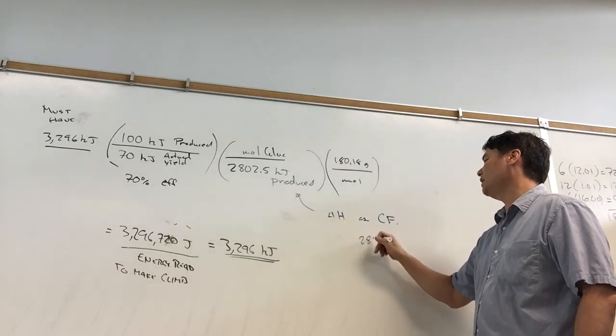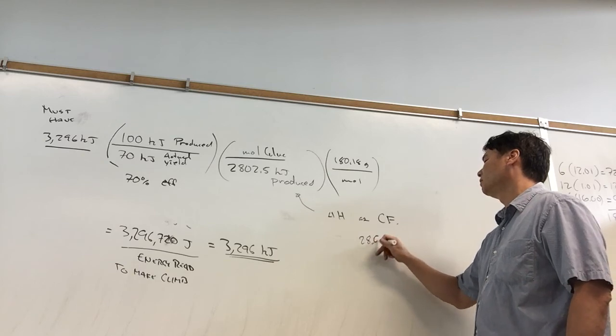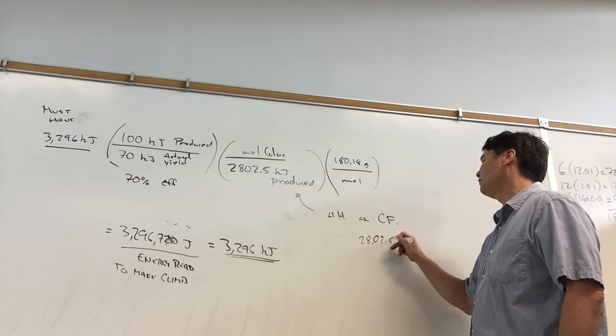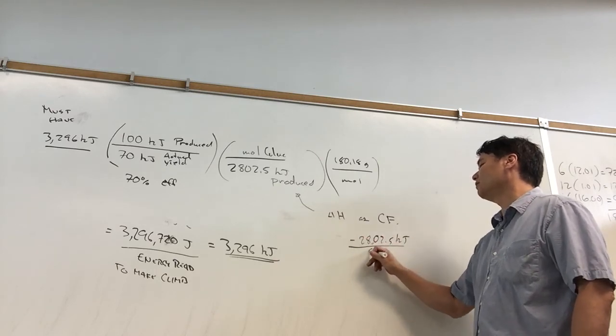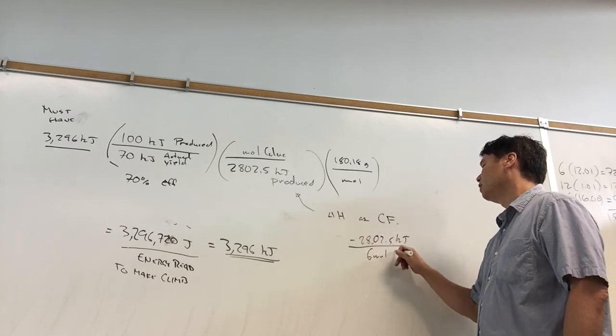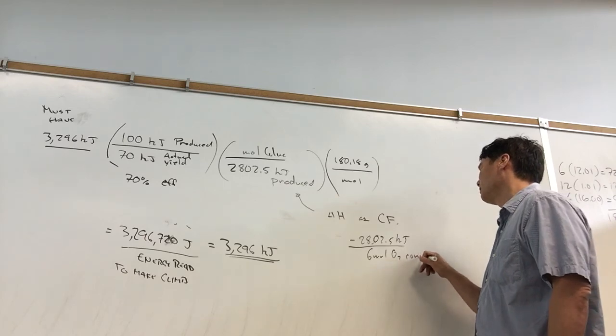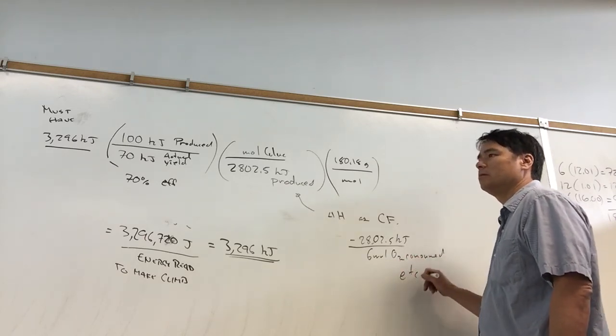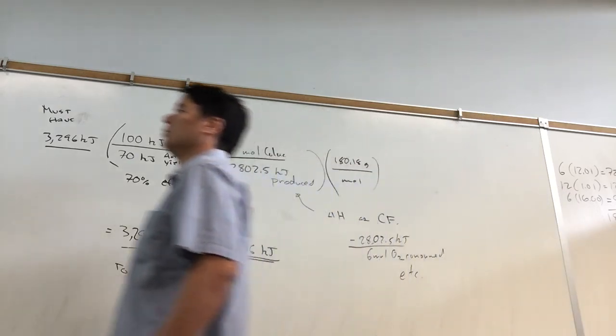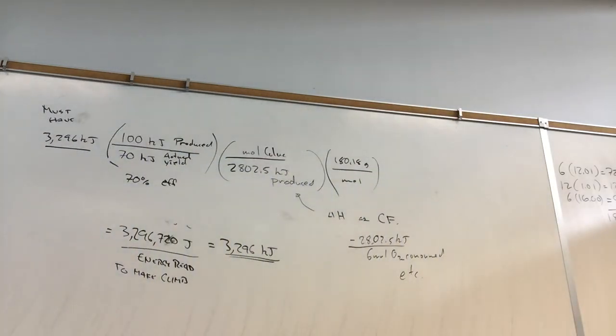So we get 2802.5 kilojoules, minus 2802, for every 6 moles of O2 consumed, etc. And so we could figure out the relationship with any of the species in the table. All right, let's stop here.